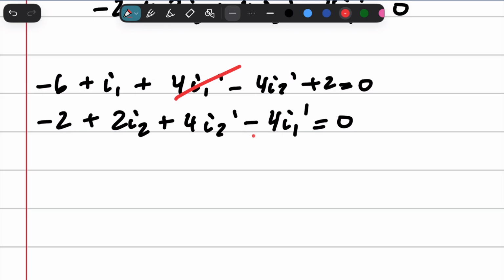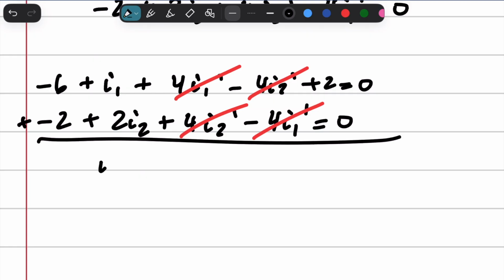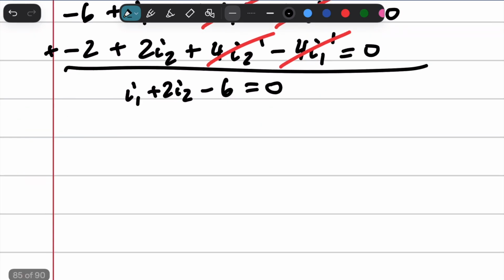So I1 prime and I1 prime die. And so what we're left with is I1 plus 2I2 minus 6. And this is actually really good because we're going to have I1 is equal to 6 minus 2I2.